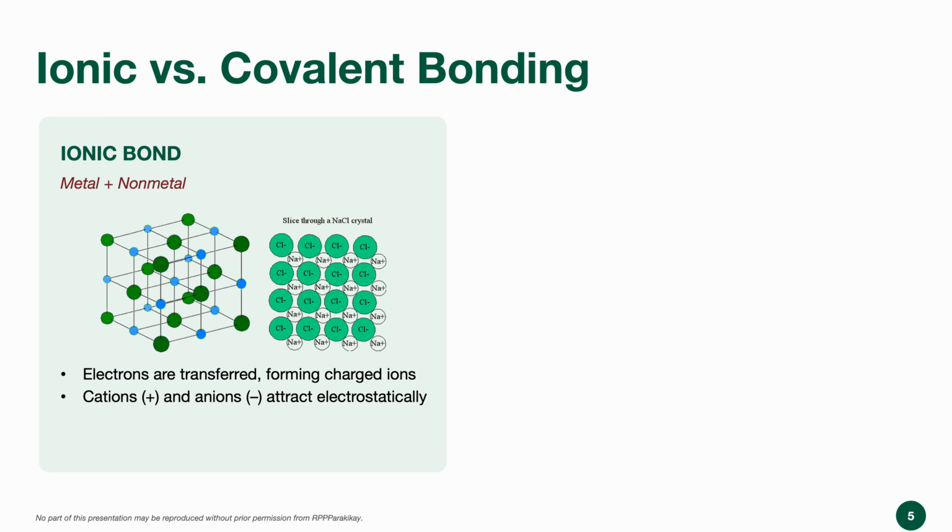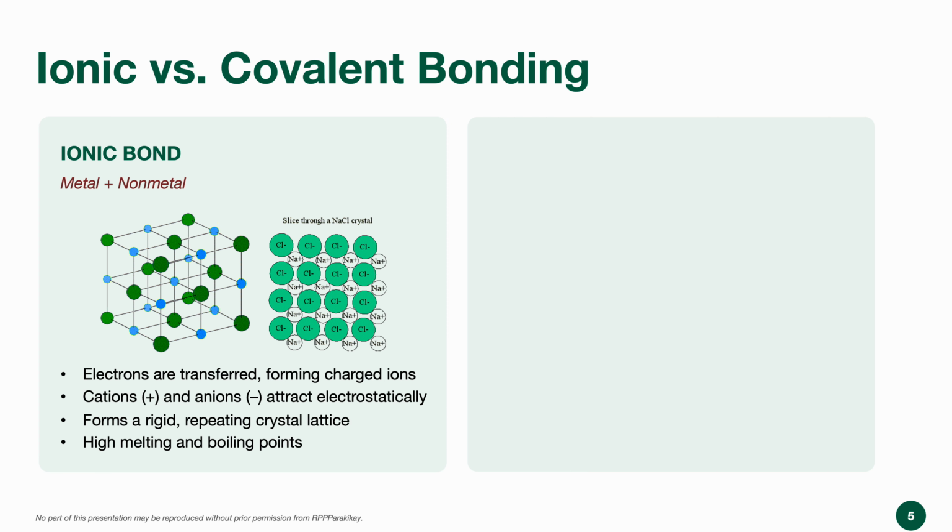The resulting oppositely charged ions are held together by electrostatic attraction, and it produces a repeating crystal lattice with correspondingly high melting points and high boiling points. So in essence, you have an ionic bond if it's between a metal and a non-metal.